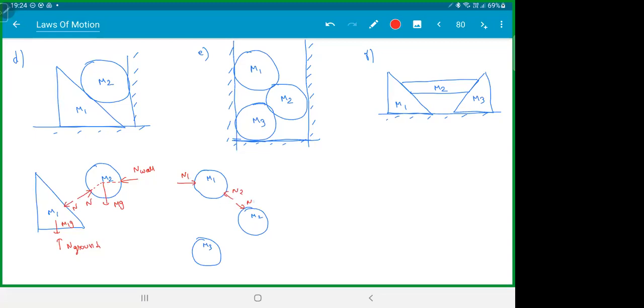Then this also will be N2. This will be N3. This will be N4. This will be N4. This will be N5. And this will be N6. Your own weight M1G, your weight M2G, and your weight M3G. Please check. So there are total 1, 2, 3, 4, 5, 6. There are 6 normal reactions.